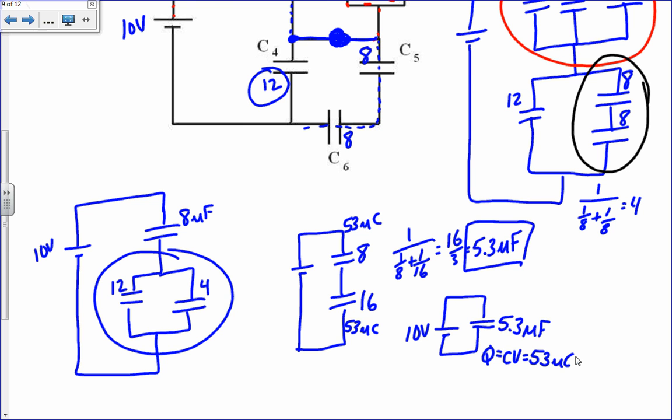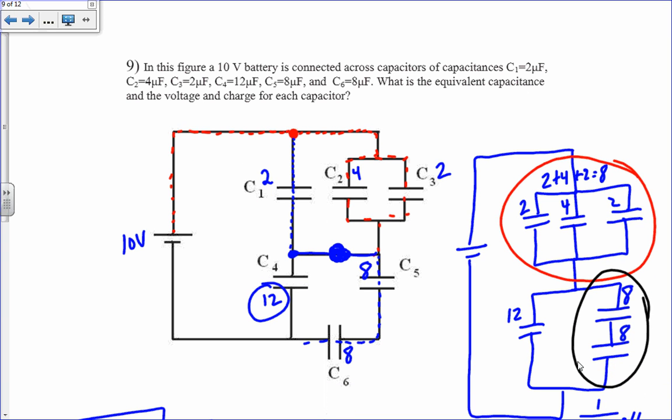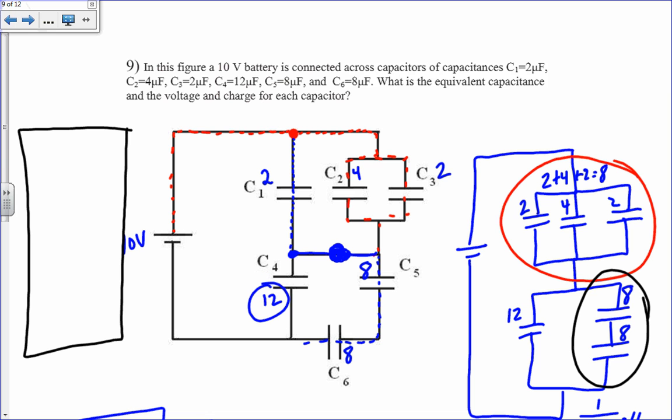Before I move any further, let's write a little table up here with all the information that I want to know. I'm going to draw a little table. I have 6: 1, 2, 3, 4, 5, 6.